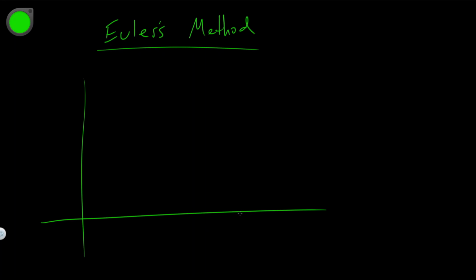All right, let's pretend we're given a differential equation, right? Slope as a function of x and y. And let's say the actual solution to this contains the point (2, 4), and the actual solution ends up looking like this.